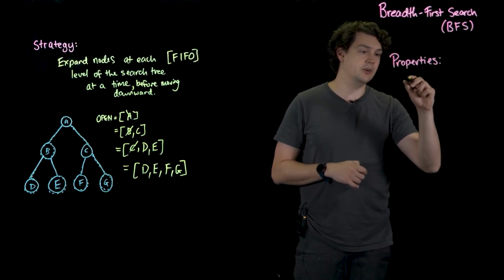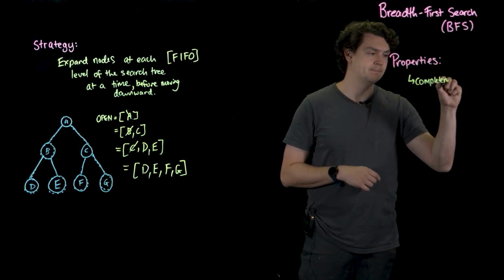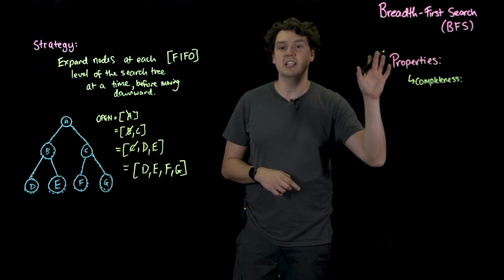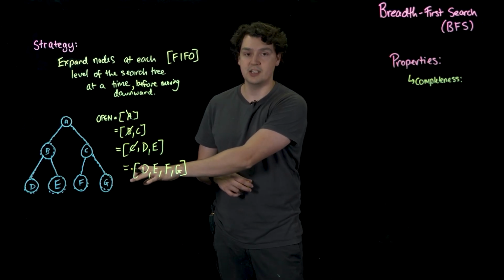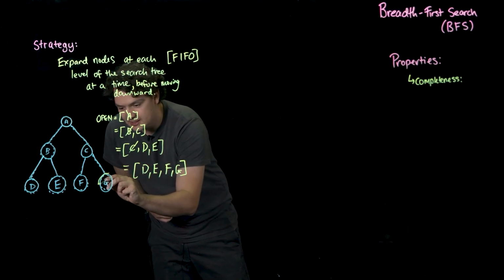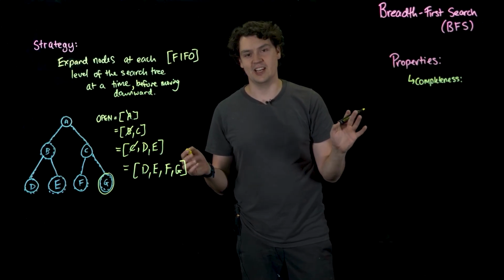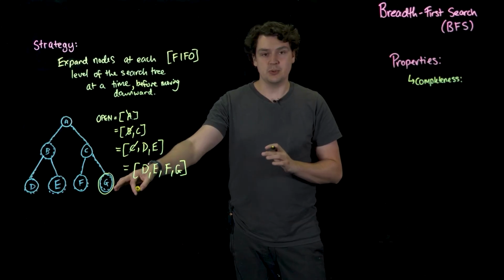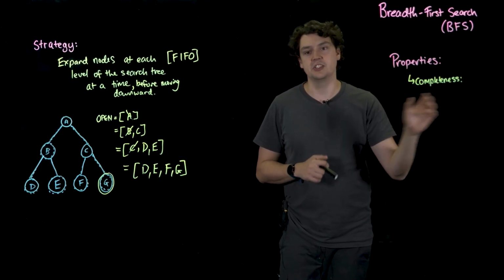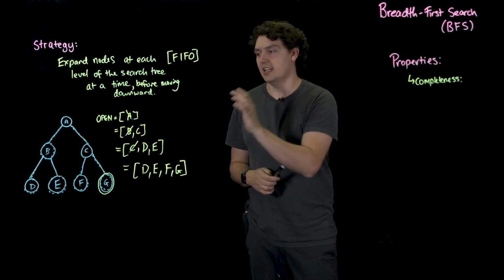The first one is completeness. Does breadth first search guarantee that if a solution exists, we'll be able to find it? For convenience, I'm going to use the letter G as our goal node, highlighted in yellow. This is what we're looking for. When you consider completeness, you don't get to just choose one example. I'm just using this to drive our discussion.